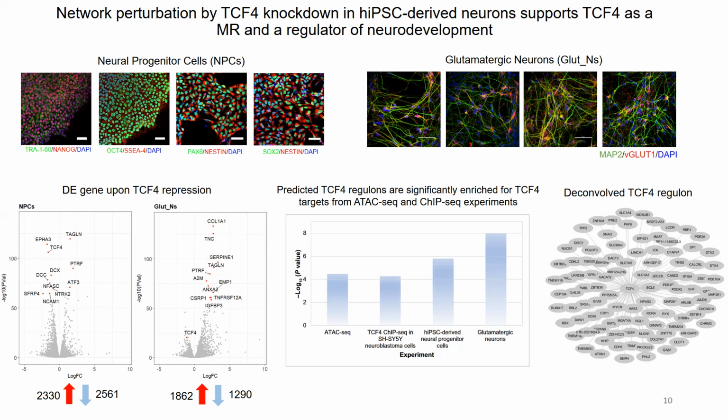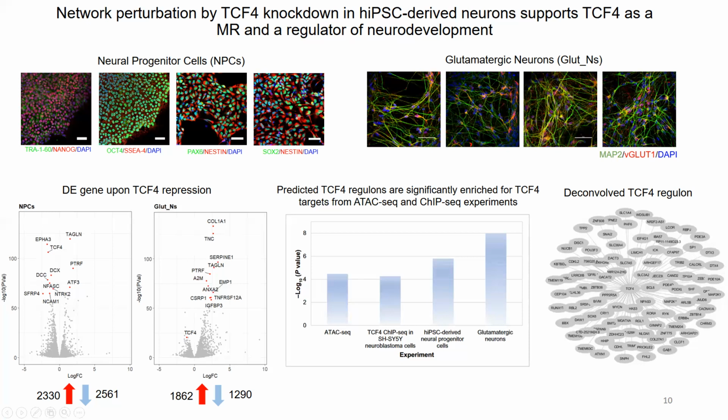To do this, we first identified the target genes of TCF4 by examining the empirical transcription factor occupancy using ATAC-seq and ChIP-seq in neuronal and non-neuronal cells, as shown in the middle panel. While we observed significant enrichment, the enrichment level in neuronal cells was meaningfully higher than in non-neuronal cells.